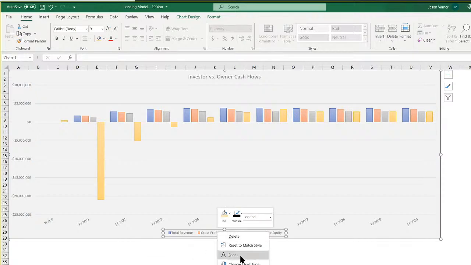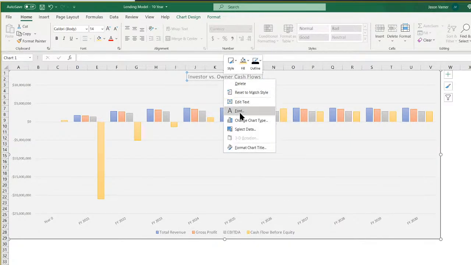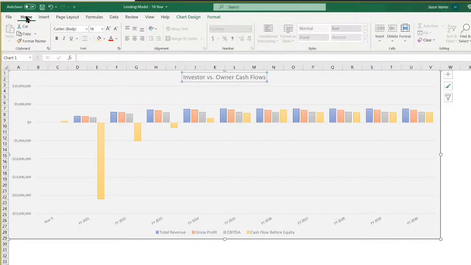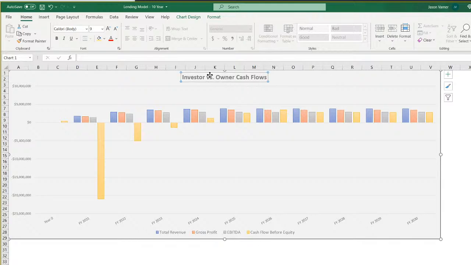I don't know if we should do a line chart. Bold that. This is operating activities per year.